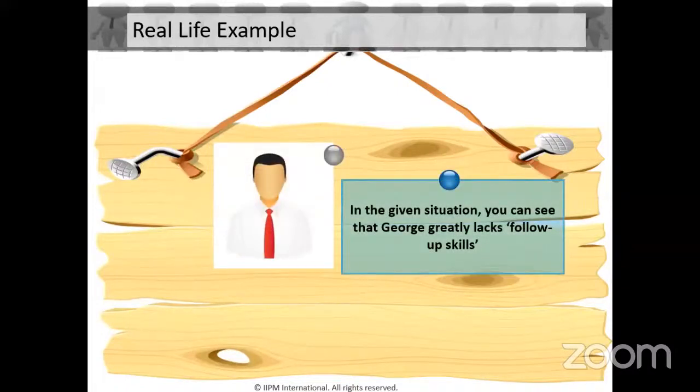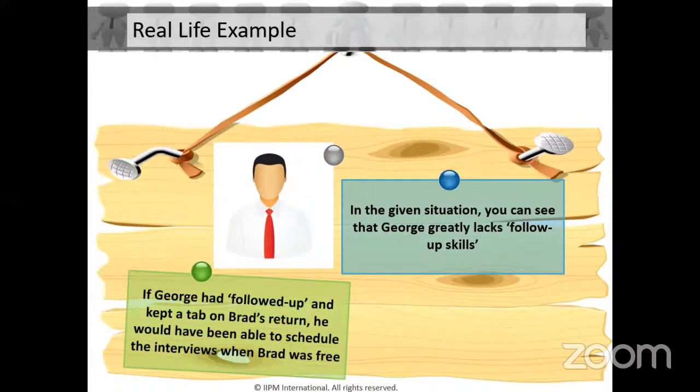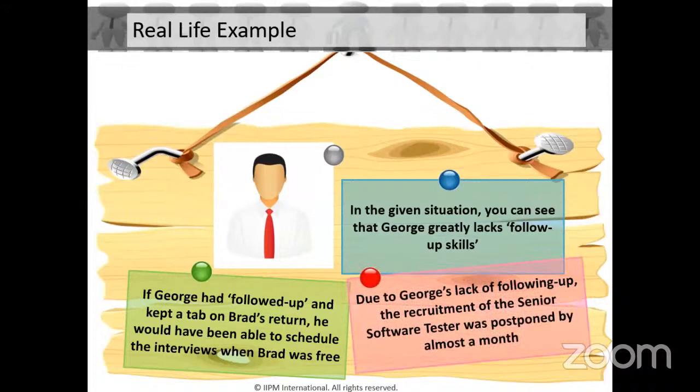In the given situation, you can see that George greatly lacks follow-up skills. If George had followed up and kept a tab on Brad's return, he would have been able to schedule the interviews when Brad was free. Due to George's lack of following up, the recruitment of the senior software tester was postponed by almost a month.